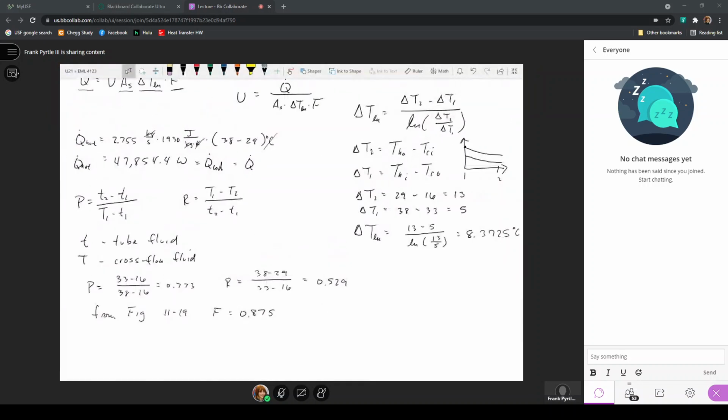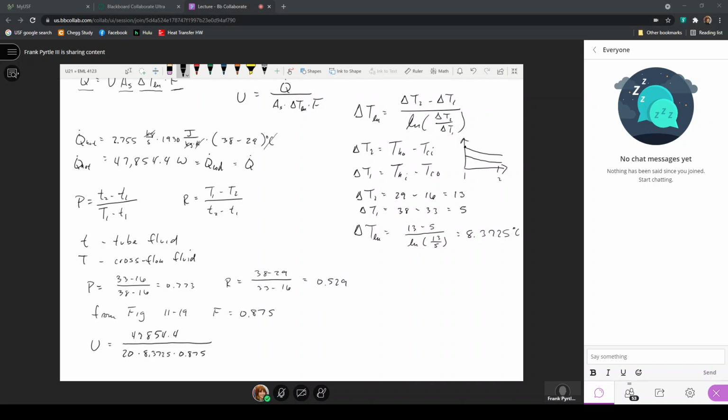So with that correction factor now defined for the log mean temperature difference method, we can calculate the overall heat transfer coefficient. The heat transfer rate was 47,854.4 watts. The surface area was 20 square meters. The log mean temperature difference is 8.3725, and the correction factor is 0.875.